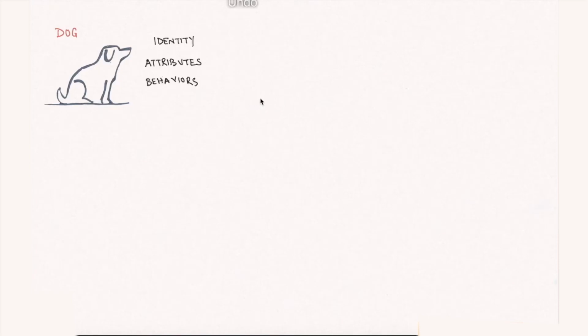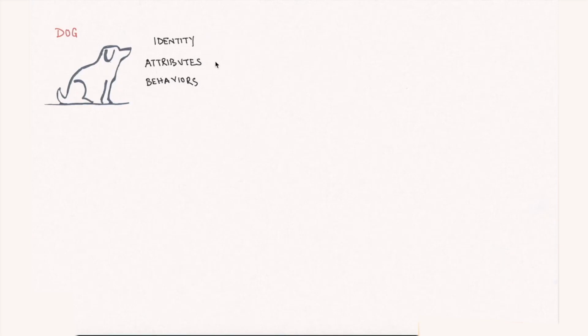So let's think of such an object. Let's say we are thinking of a dog. Now, a dog can have a lot of different things, but when we are representing a dog as an object, we think of three different things. We think of this object's identity, something that can uniquely identify this particular object.